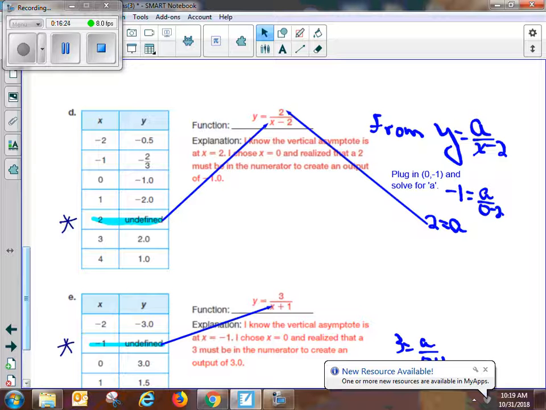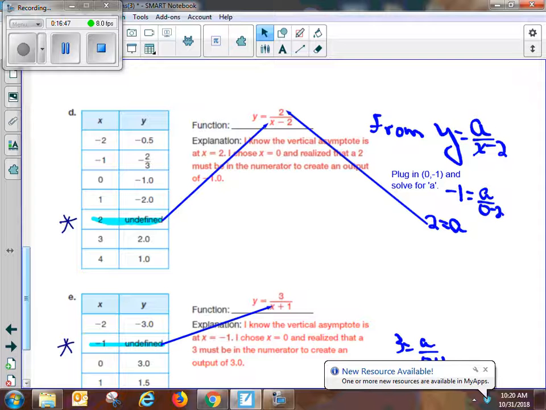Now, would you agree I have a whole bunch of xy values on my chart? Look up here. So I can choose any ordered pair I want and drag it into my equation, replace x and y, and I can find a. So look up here. I took 0, negative 1.